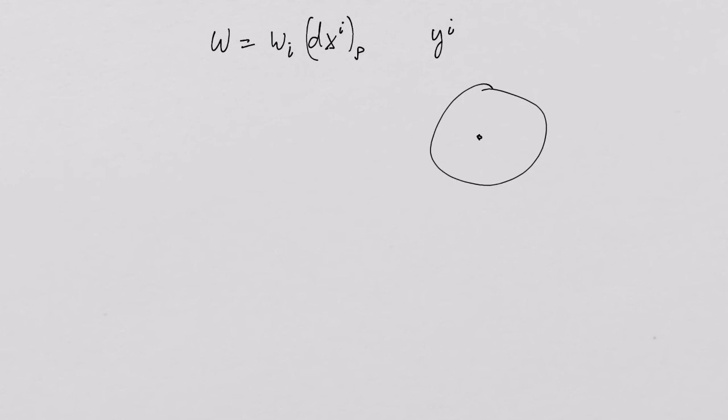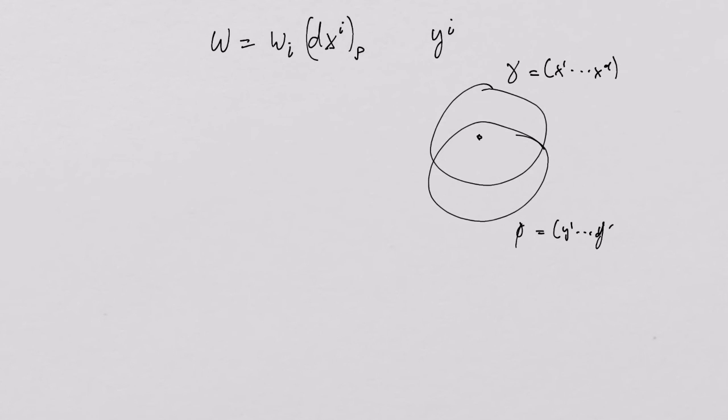We have the point p, the chart gamma with x1 to xd, the chart phi with y1 to yd, mapping to a space like this, and the overlap region is mapped to that region there, and we have these transition functions that go between these two regions and all that.